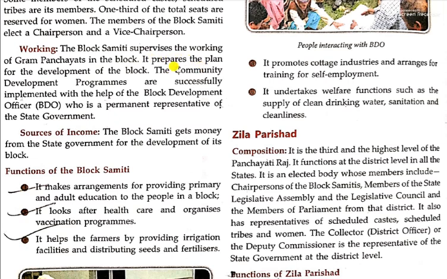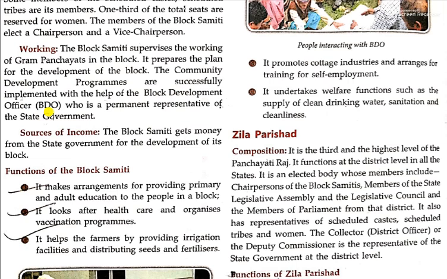It prepares a plan for the development of the block. The community development programs are successfully implemented with the help of the block development officer, who is a permanent representative of the state government. There is an officer who is the block development officer, BDO.